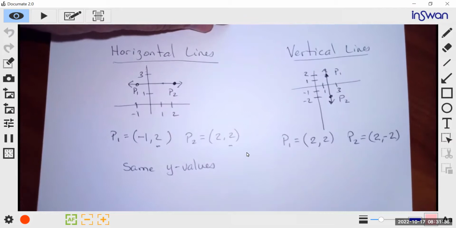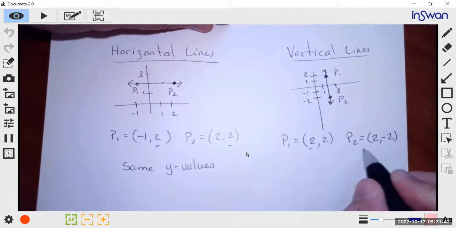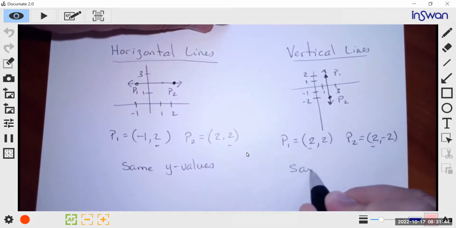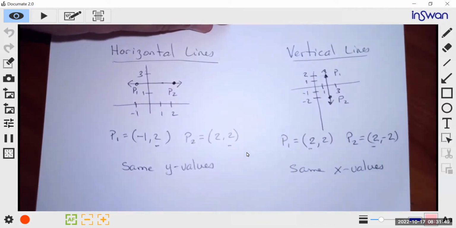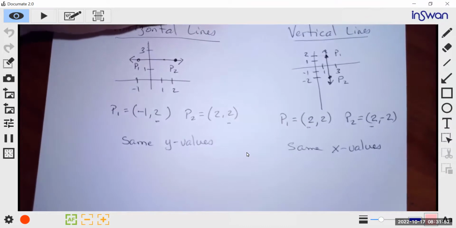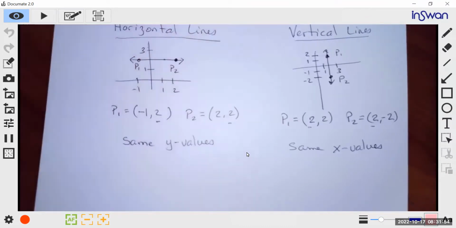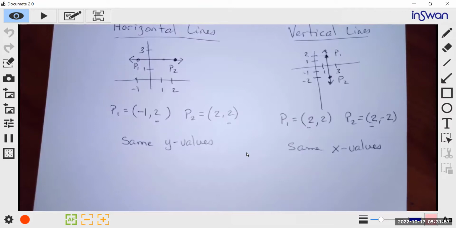What about vertical lines? These have the same x values. So if you look at 2 points, if you see the graph, it's pretty easy. If it's horizontal, it's horizontal. If it's vertical, it's vertical. But if I give you 2 points and you notice that the y values are the same, then you can tell that that's a horizontal line. If the x values are the same, then you have a vertical line.